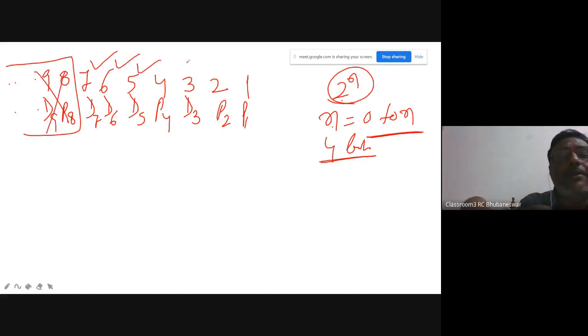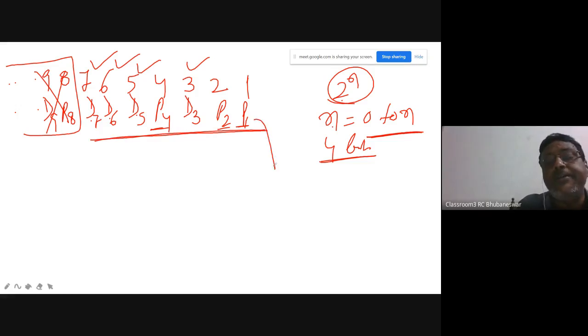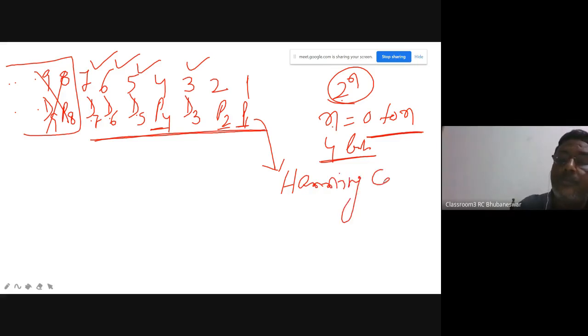D7, D6, D5, D3, 4 bits of data, and automatically 3 parity bits will be added, which forms a 7-bit pattern. This 7-bit pattern is known as your Hamming code. Why Hamming code? Because it was developed by the scientist Hamming, and according to him, it is known as Hamming code.